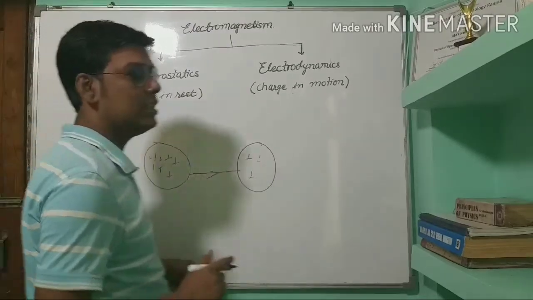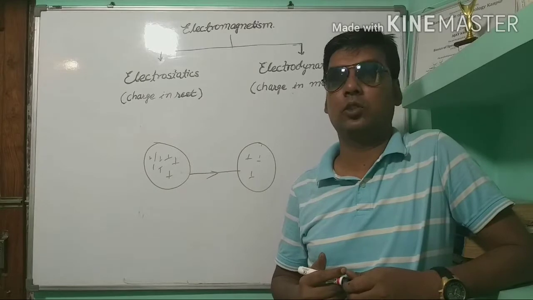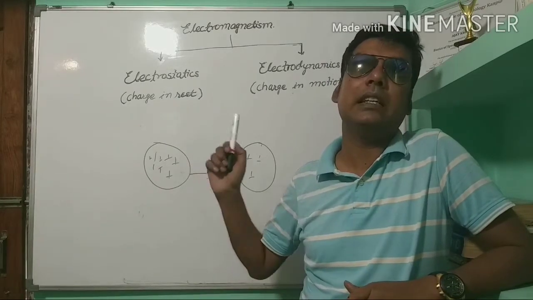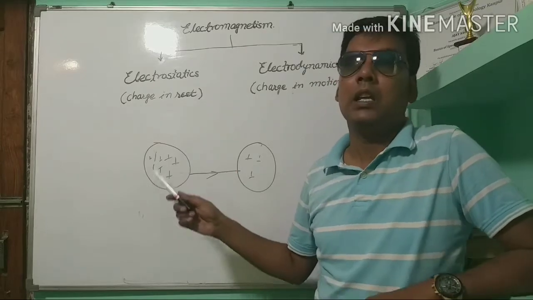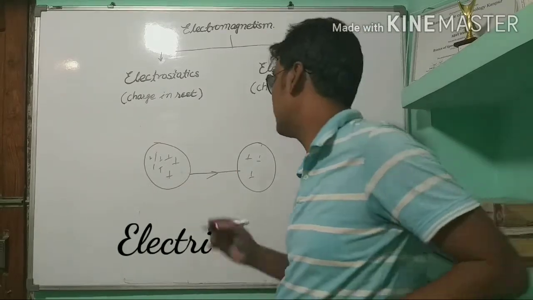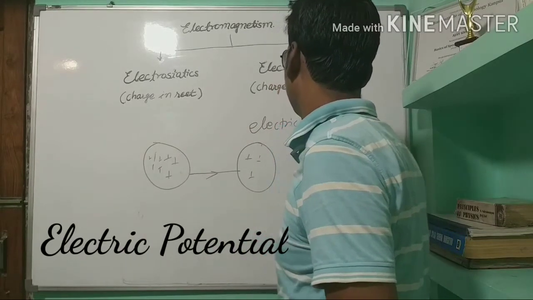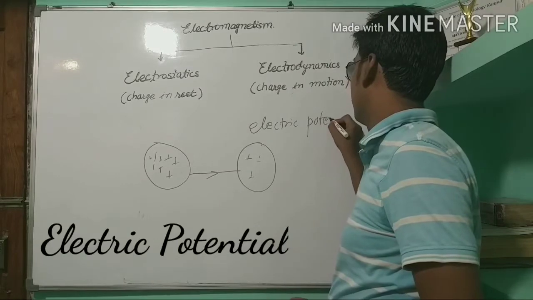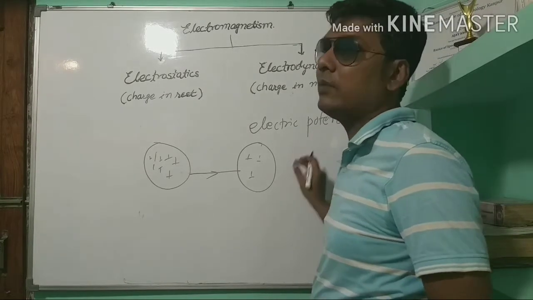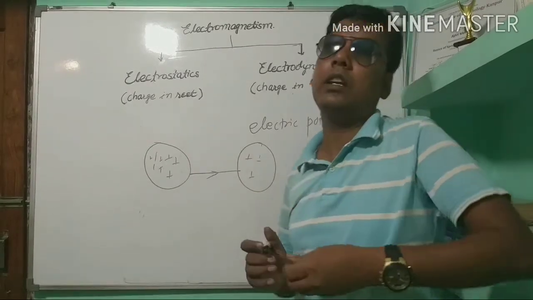When these two conductors are joined by a metallic wire, the direction of flow of electrons is determined by the quantity called electric potential. Actually, this electric potential determines the direction of flow of electrons.